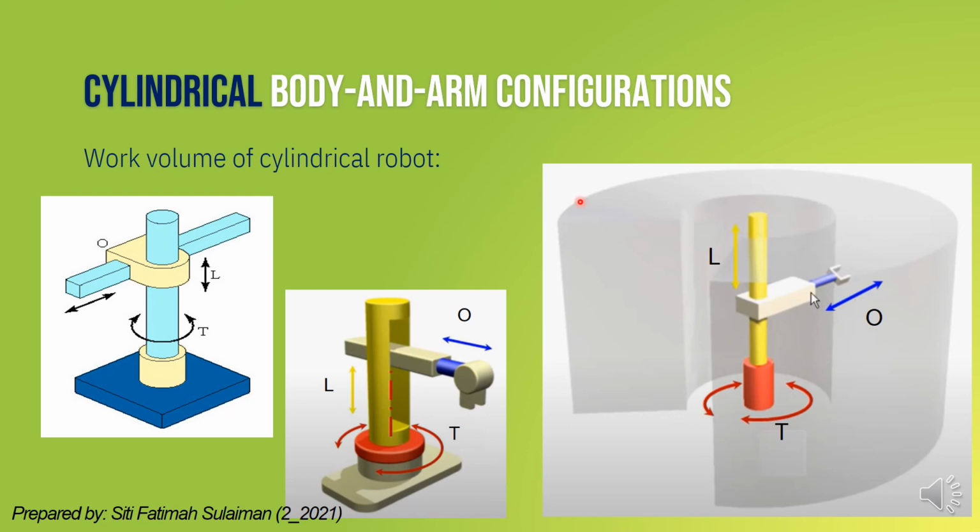The answer is that the cylindrical robot produces a cylindrical envelope, the cylindrical shape.